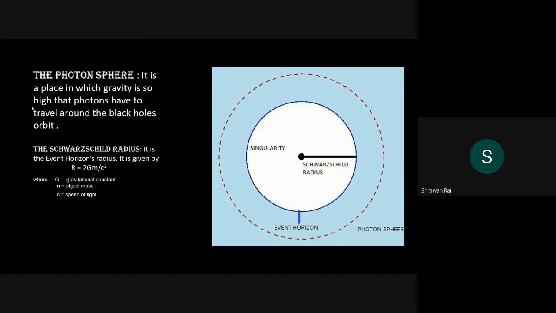The Schwarzschild radius. It is the event horizon's radius. It is a region where the escape velocity is greater than that of the speed of light, and it is given by R = 2GM/c², where G is the gravitational constant, M is the object mass, and c is the speed of light.